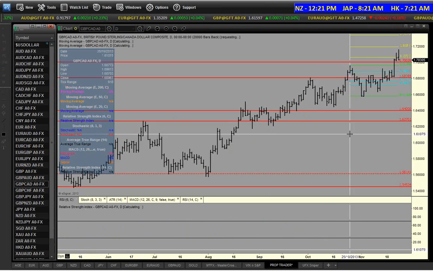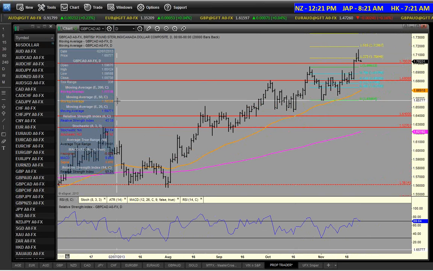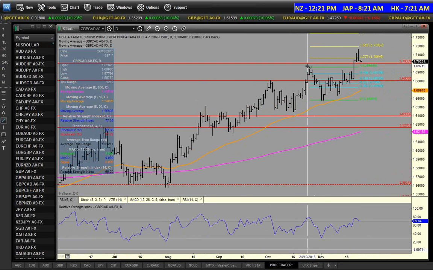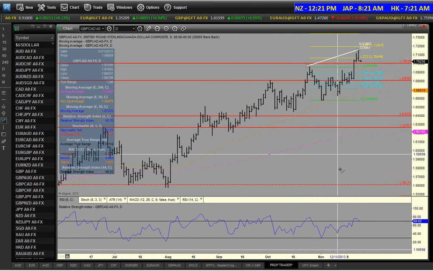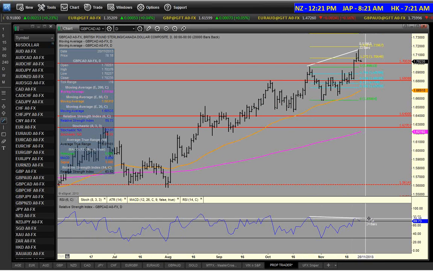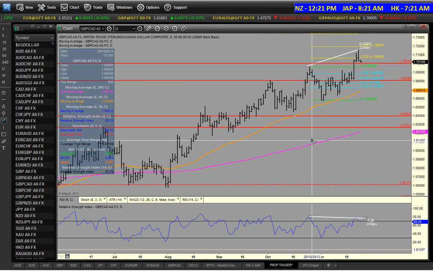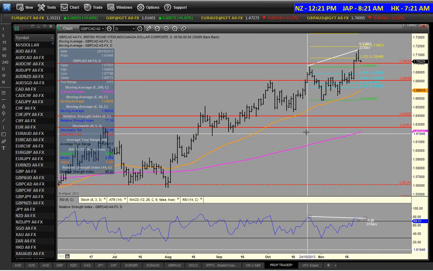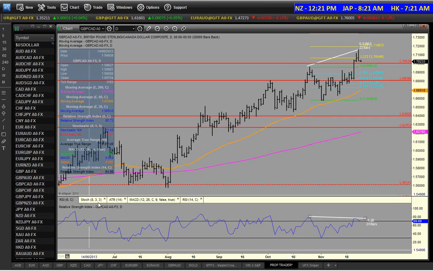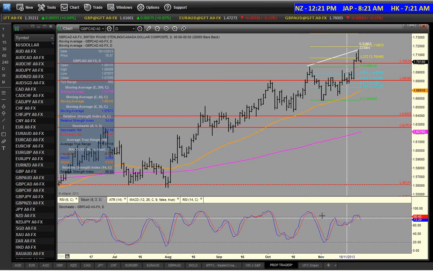Pound cat, okay. You could be looking at the pound cat if you wanted to say, there's your divergence. Yep. You'd be looking at it like that. Quite literally. There's your stochastics showing the divergence there.